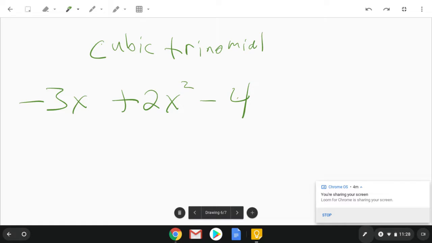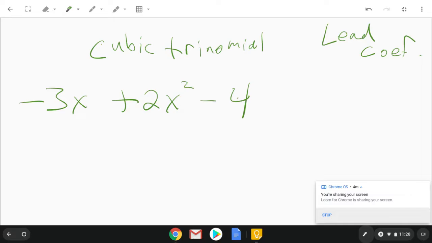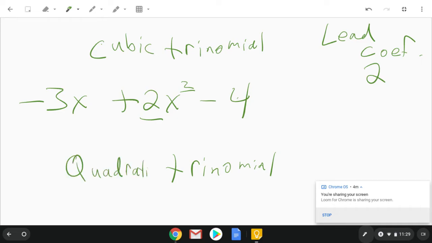We can look at the lead coefficient. The lead coefficient would be the 2 because that's the coefficient on the highest degree term. And it's got 3 terms again, so it is a trinomial. And the highest degree is a 2, and we called those quadratic. All right, that's good for now.